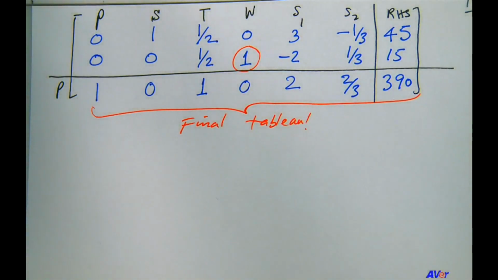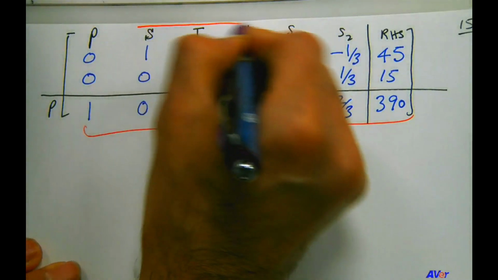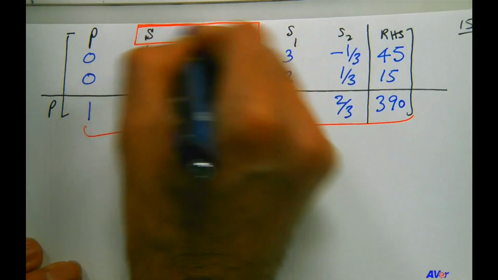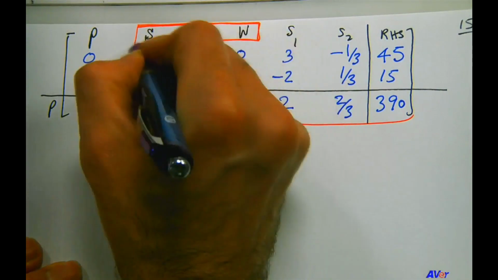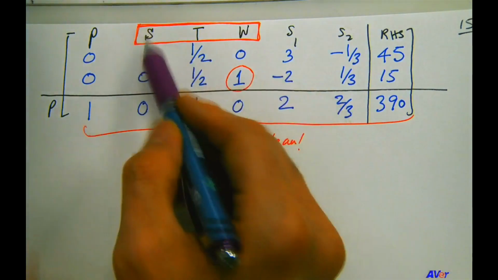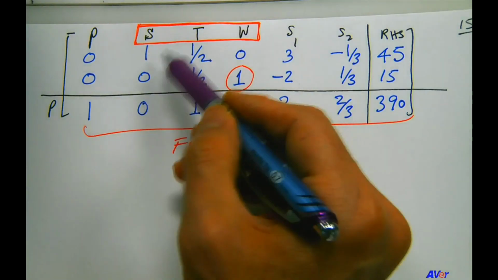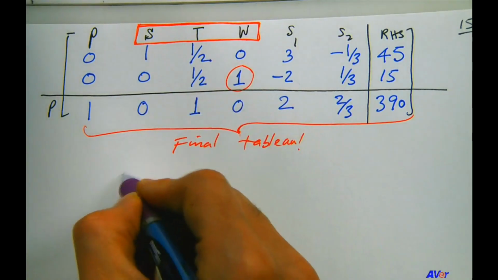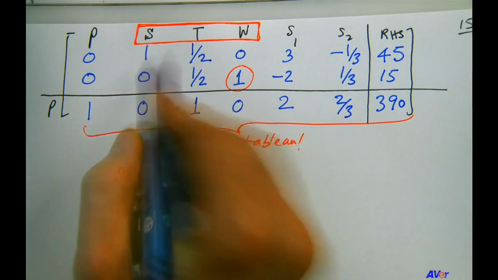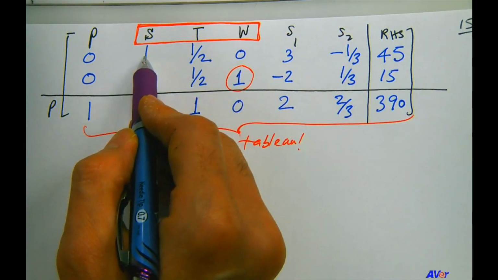Okay, so let's read the solution of the maximum problem from these variables. So look under S. You have 1, 1, and 2 zeros. Perfect. So the value of S is determined in the right-hand side column right across from 1.